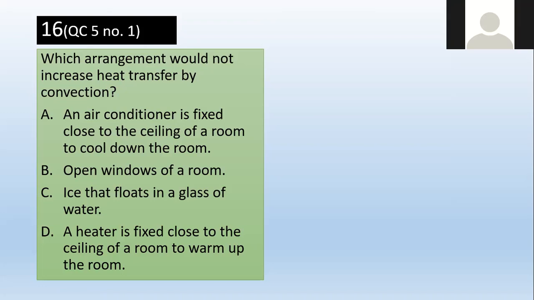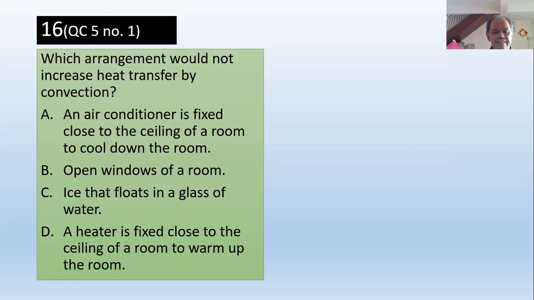Okay, this one I think you got it wrong. Which arrangement would not increase the heat transfer by convection? Air conditioner is fixed close to the ceiling, this is correct. So A is correct. B is correct. Ice that floats in the glass of water. The part of the water near the ice will be cold, so it will sink to the bottom.